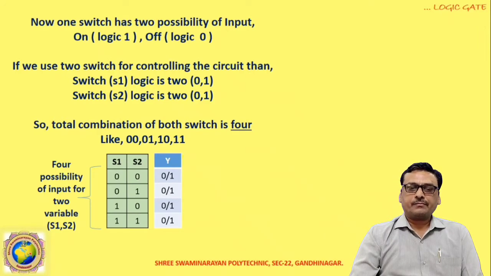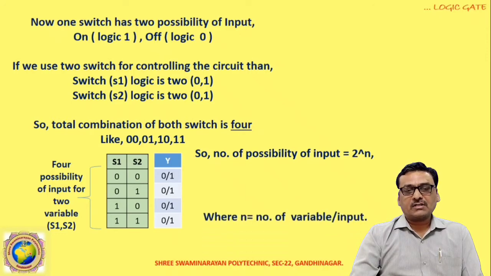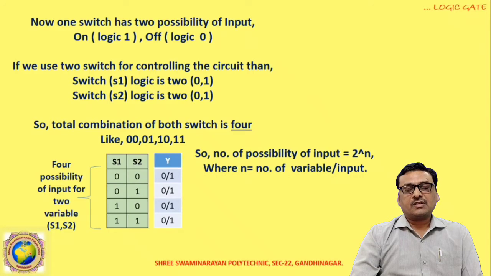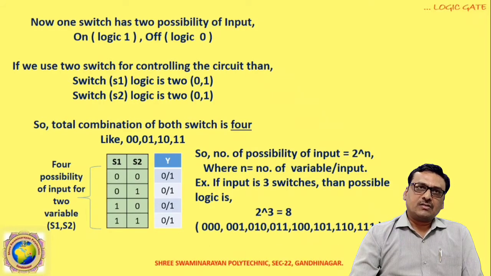The number of possibilities of input is derived using the formula 2 raised to n, where n is the number of variables or inputs. If our input is 3 switches, the number of logic possibilities will be 8, since 2 raised to 3 is 8. The combinations are 000, 001, 010, 011, 100, 101, 110 and 111.